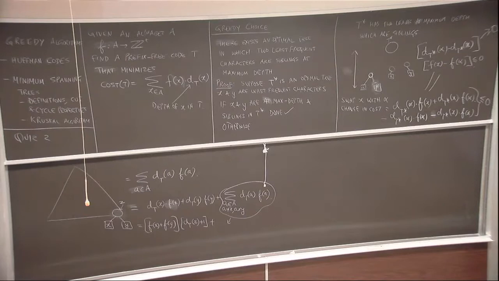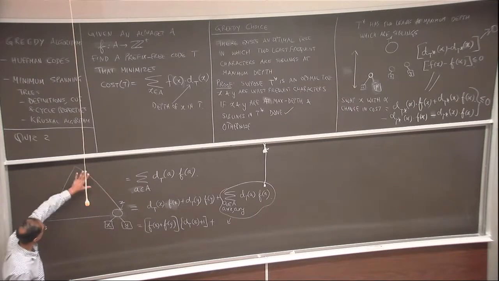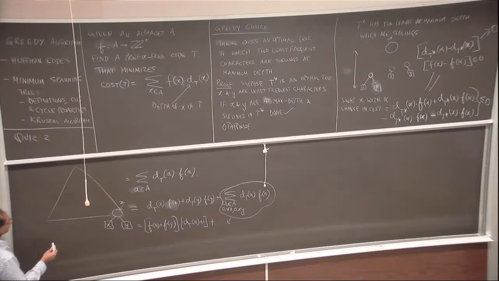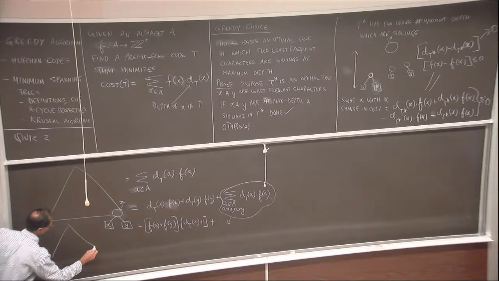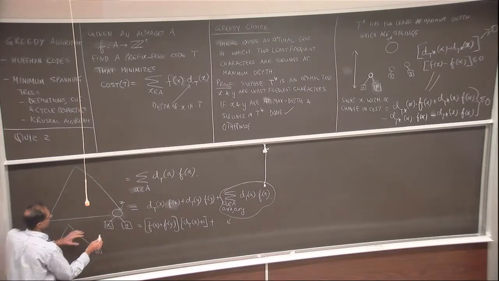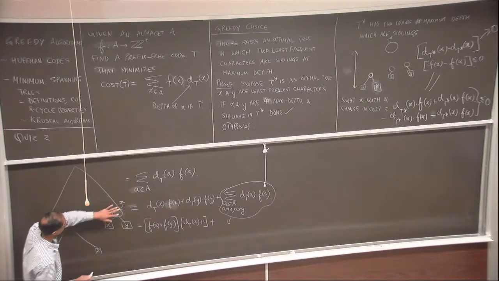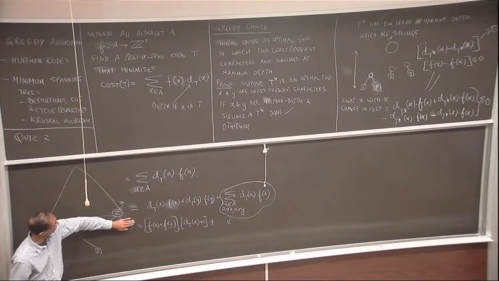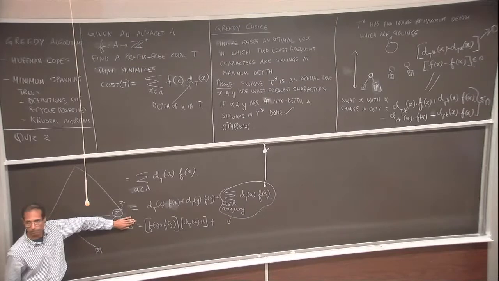So let me look at this tree and view this tree as the following, as basically the same tree that I drew, but instead I'm thinking here of a character z sitting here. So I replace x and y by this character z, and imagine I sort of remove x and y.